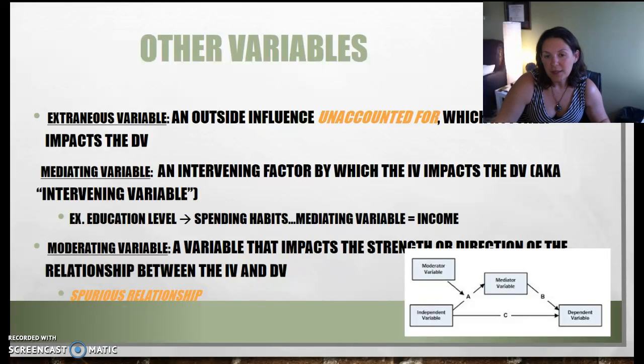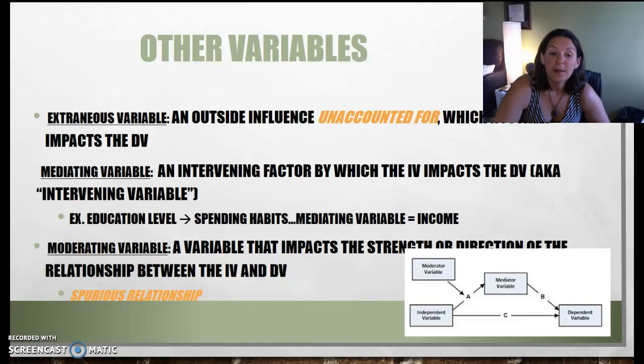Well, what we might discover is it's not really that education level impacts their spending habits. Instead, there's a mediating variable there, an intervening variable, and that's income, right? It's not really education level that's affecting the spending habits, but people who are more educated have more money, and income leads to spending habits. So that's an example of an intervening or a mediating variable.